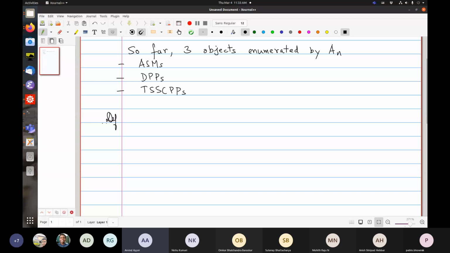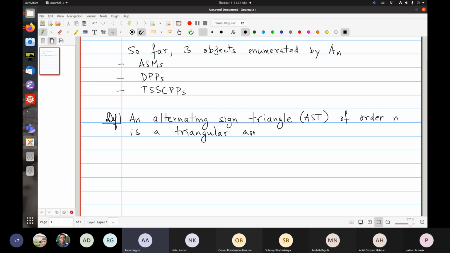So let me define what these objects are. An alternating sign triangle, or AST, of order n is a triangular array A_{ij} for i between 1 and n, and j this time between i minus n and n minus i.